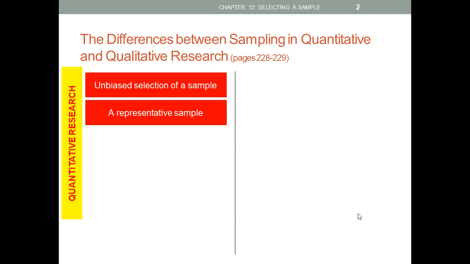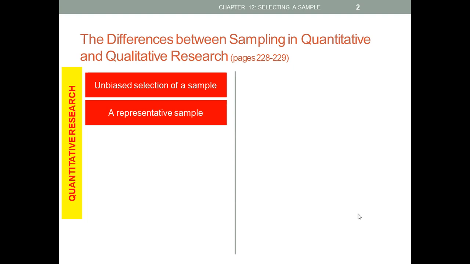Secondly, a quantitative researcher wants to select a sample that represents the bigger population, or the sampling population, or the target population. This is so important a concept for quantitative researchers because at the end of the day, they want to draw inferences or generalize the results or the findings from a small sample to the bigger group, to the population.